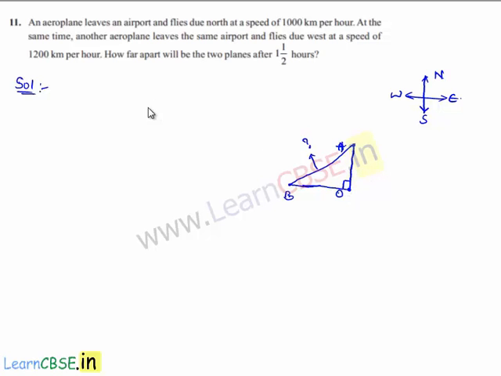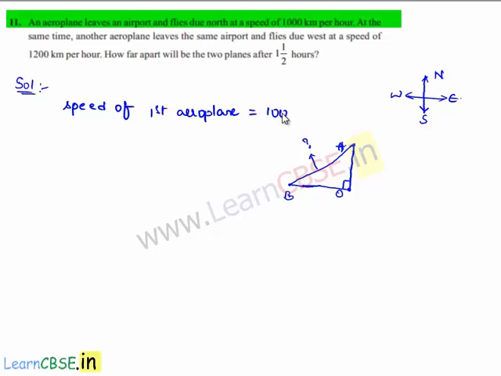So now moving on to the solution. Speed of first aeroplane is 1000 km per hour.